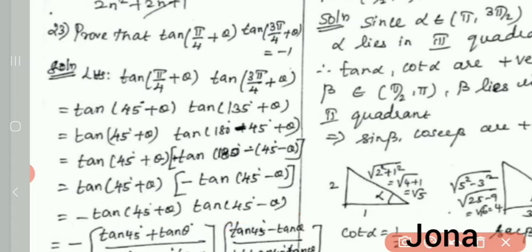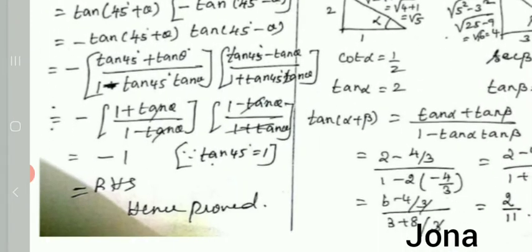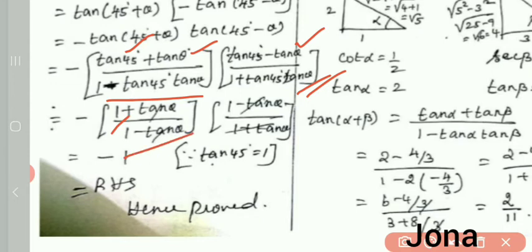It can be written using the formula tan of a plus b and tan of a minus b. So tan of a plus b for the first term is tan a plus tan b by 1 minus tan a tan b. Here tan of a minus b is tan a minus tan b by 1 plus tan a tan b. The tan 45 value is 1. So 1 plus tan theta by 1 minus tan theta.